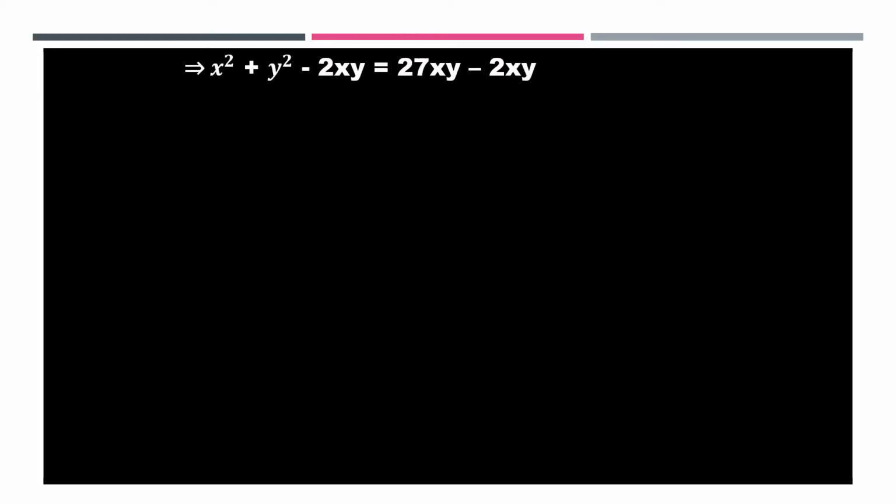X square, the same step I wrote here because I took the next slide. So here minus 2xy, this can be written as x square minus 2xy plus y square, right? And this can be solved, right? Because here it is xy, here it is xy. These two are like terms, right? Whenever like terms are there, we can solve them.